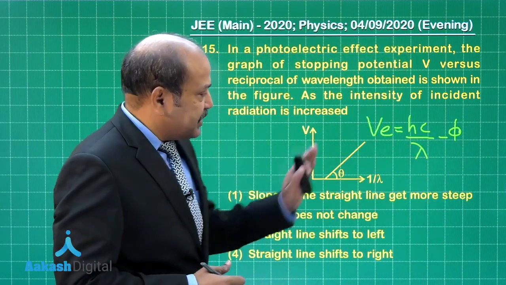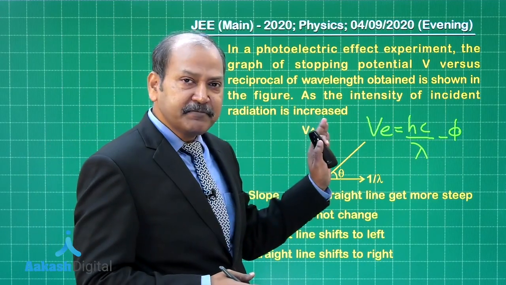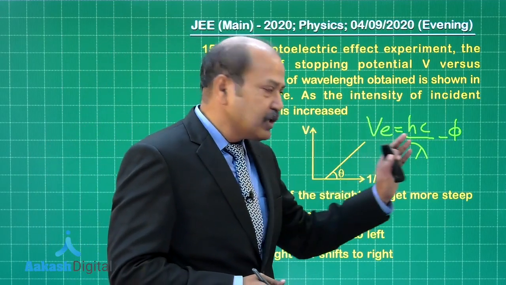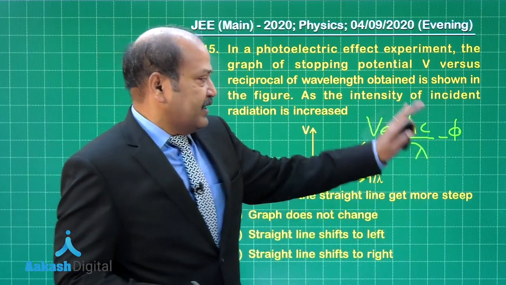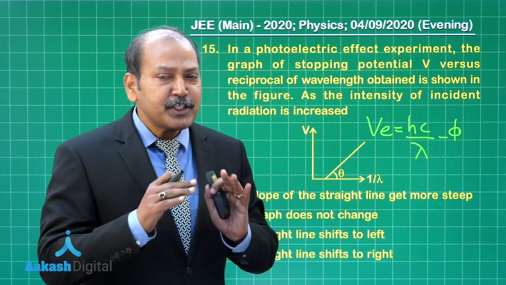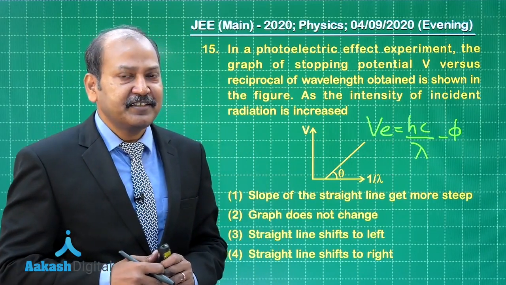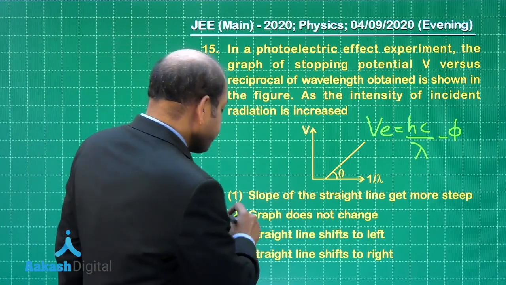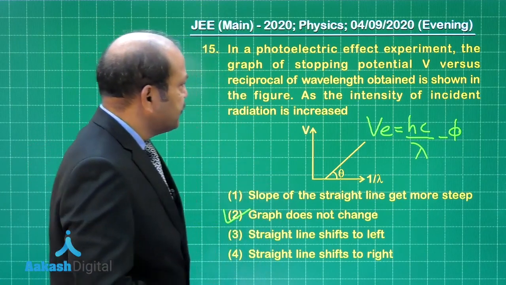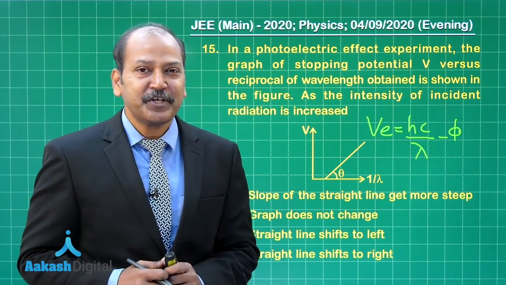And that means the equation for the straight line is V equals hc by e into 1 by lambda minus phi by e. Clearly, this straight line equation is not at all dependent on the intensity of the incident radiation. So, that means the graph does not change at all. So, option 2 is the correct option for this particular question. It's time now to go to question number 16.